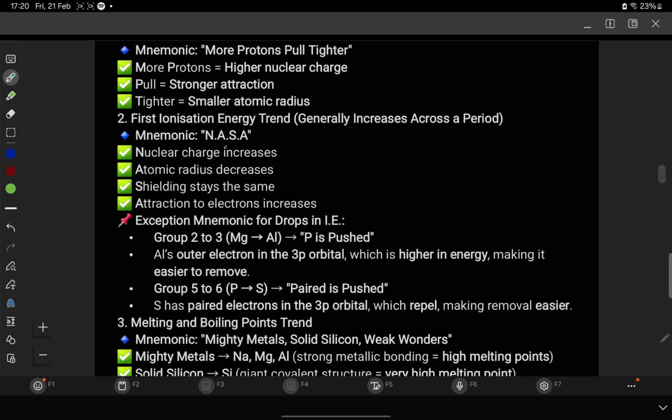For example, NASA is a mnemonic for first ionization energy. N for nuclear charge increases, A for atomic radius decreases, S for shielding stays the same, and A for attraction to electron increases. If you memorize these mnemonics, you're ready to write the test.